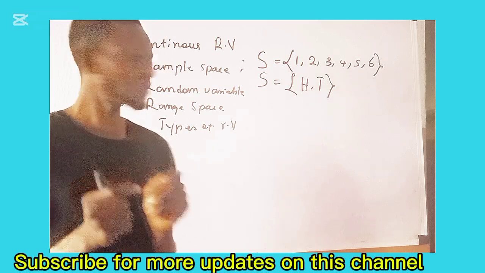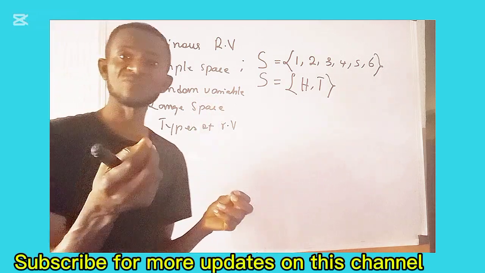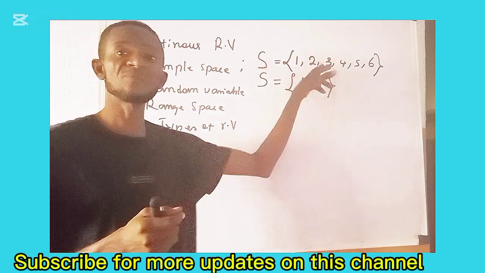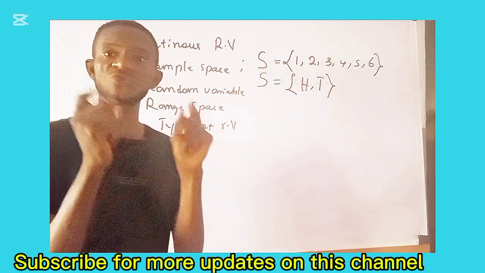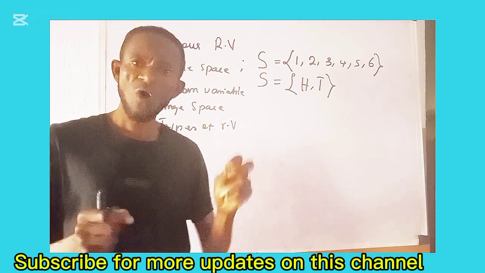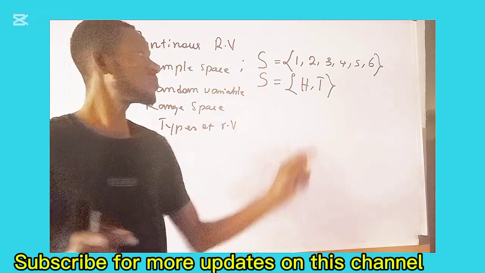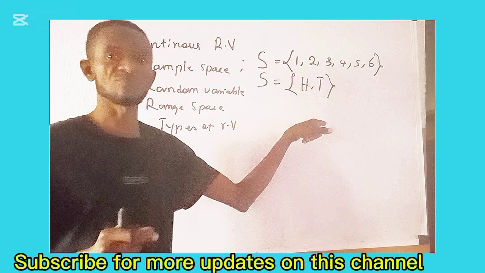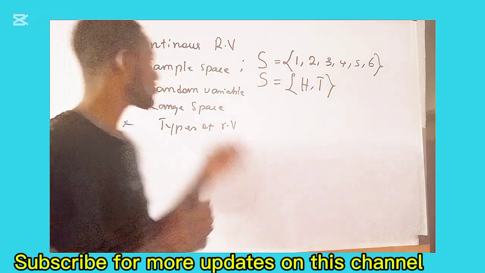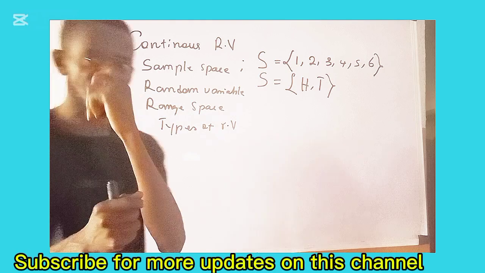I repeat, it is a mathematical function or formula. It is always defined on a sample space. Its duty is to assign a real value or a numerical value to all the possible outcomes of a random experiment. That is what we call random variable.